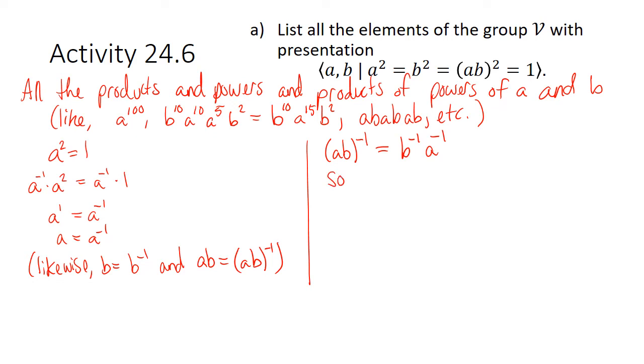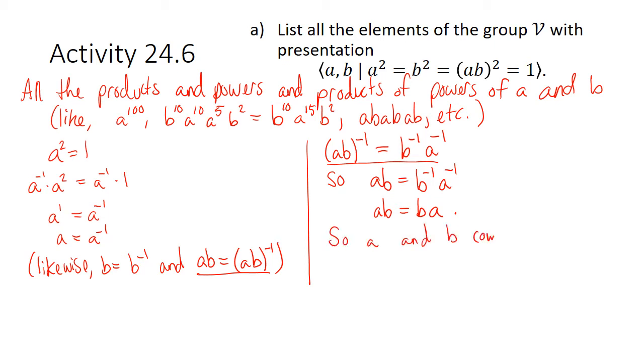So since we have this equation and this equation, AB equals B inverse A inverse, since both equal AB inverse. And we also know that B inverse equals B and A inverse equals A. So basically what we've found is that A and B commute.